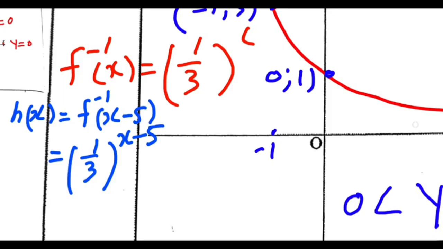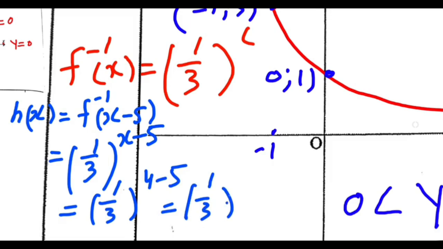Now when the x value is 4, what will happen? 1 over 3 power 4 minus 5 is going to be equal to 1 over 3 power negative 1, and that will be equal to 3.